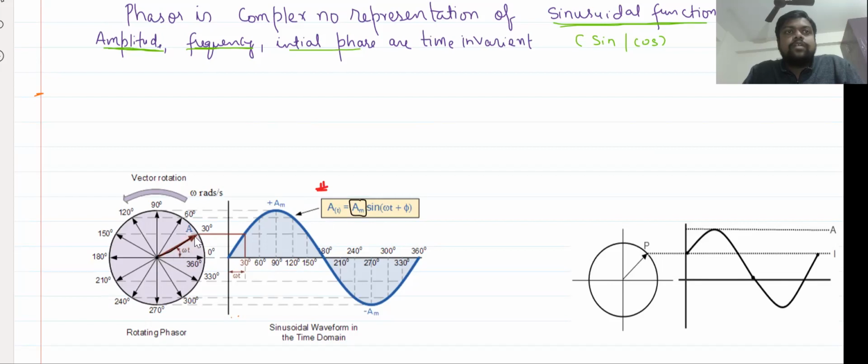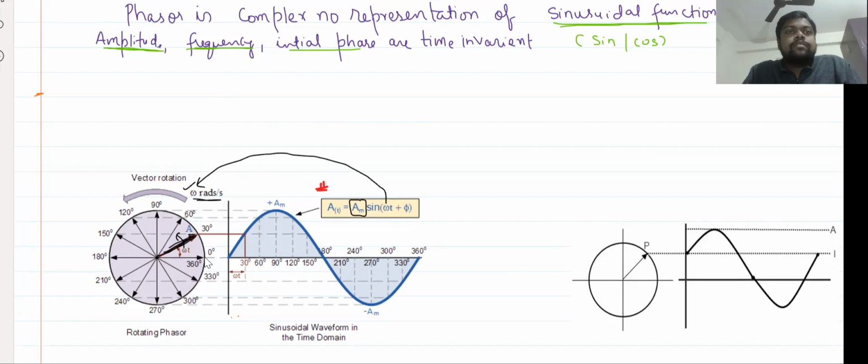In this red color it is drawn, this vector, and you can see this vector will keep on rotating with angular speed omega radian per second. That means the speed of this vector rotation will be same as the angular frequency. So you can represent this here like that.